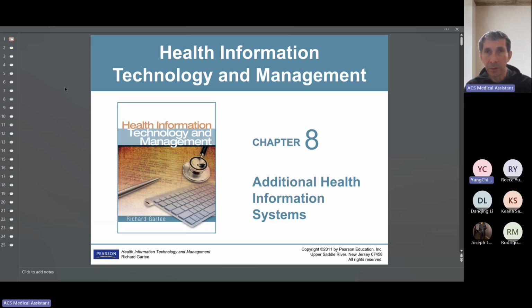You need to know about HIPAA regulations, whether it is privacy, confidentiality, or security. Remember, privacy has to do with the patient's information not being left unattended. For instance, if you're using paper-based medical records, they should not be left on top of the counters by themselves.